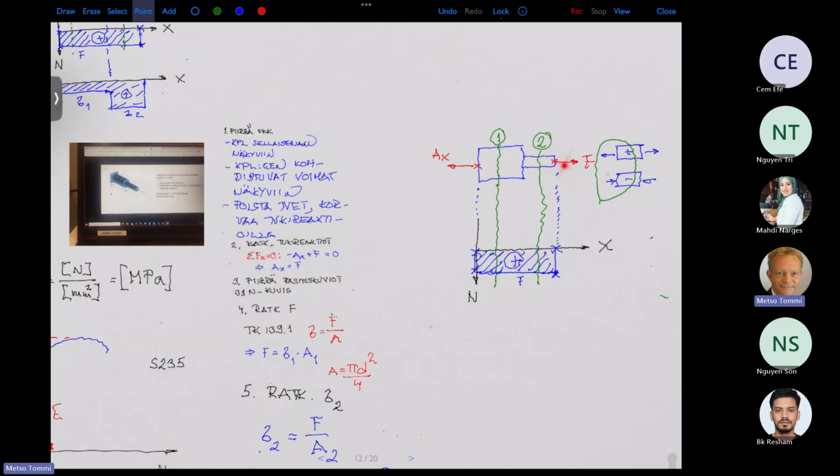So this one first. Okay, there I have calculated the support reactions, and only this one shows that this AX is as big as this F.